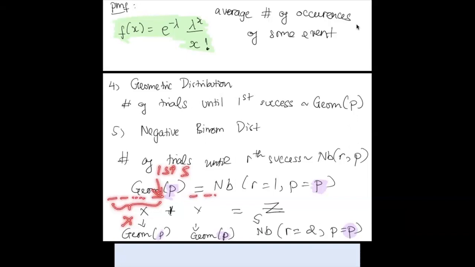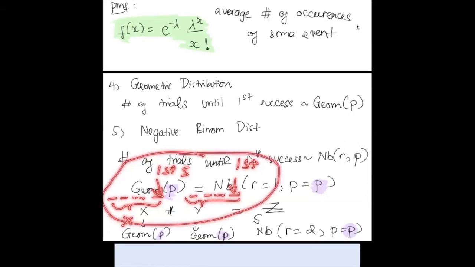And similarly, Y is a geometric random variable. So Y also denotes the number of trials until the first success. If we add X and Y, then we would have the total number of trials until we get the second success. Because if you append them together, this is the first success.